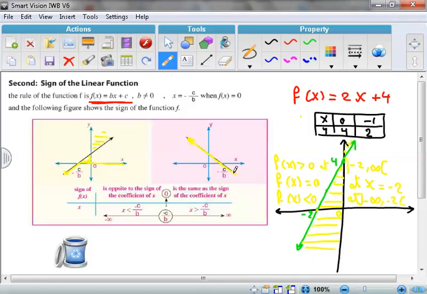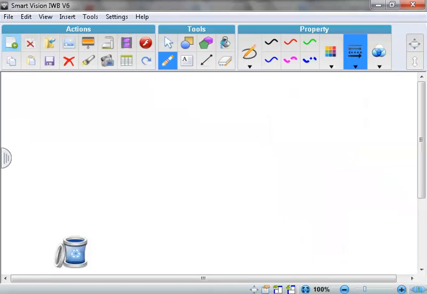Now, I want a clear way to find the sign by algebraic form. I will tell you.